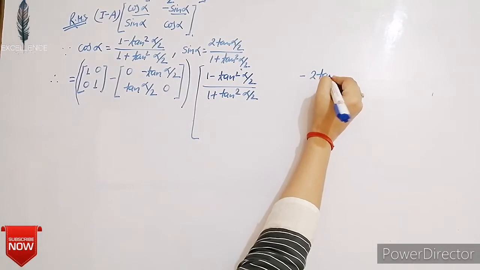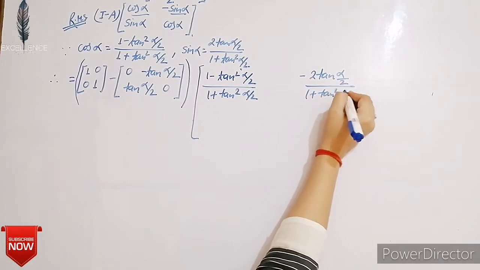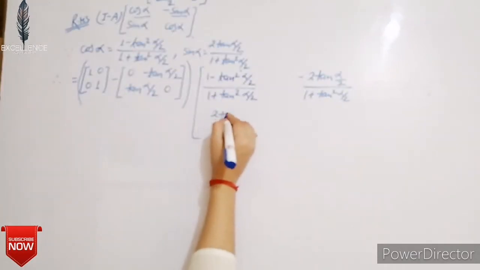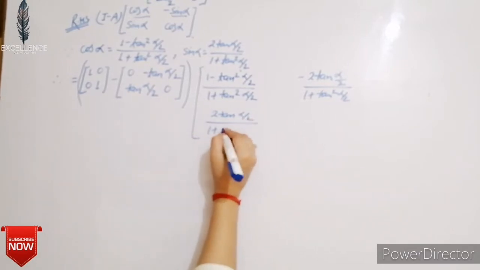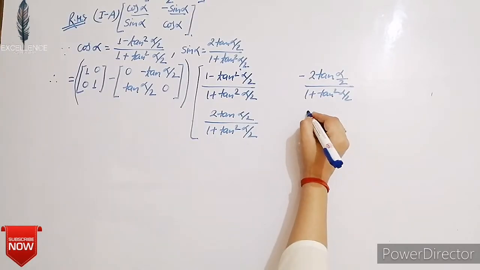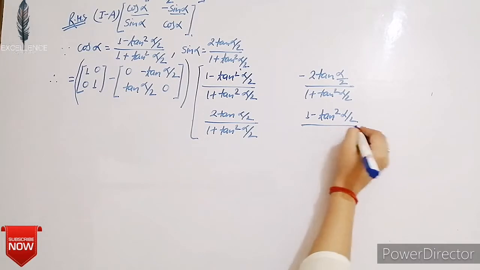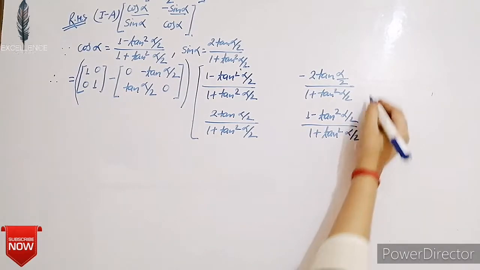In case of sin alpha, we have 2 tan alpha by 2 upon 1 plus tan square alpha by 2. Next is sin alpha, that equals 2 tan alpha by 2 upon 1 plus tan square alpha by 2. Last element is cos alpha, that equals 1 minus tan square alpha by 2 upon 1 plus tan square alpha by 2.